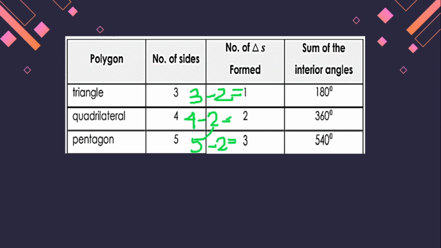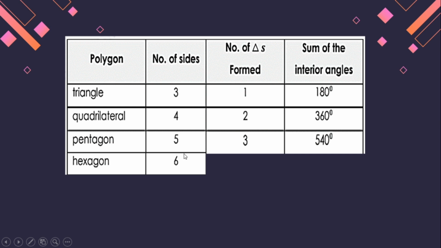So, halimbawa, we have hexagon, which is a polygon with 6 sides. So, instead of magdodrawing pa kayo ng hexagon, tapos lalagyan nyo pa siya ng diagonal for you to be able to count the number of the triangles na ma-form, you can just simply subtract 2 from the number of sides, which is 6.